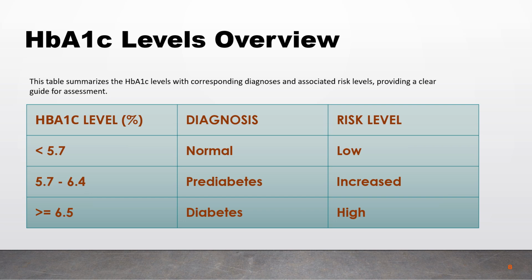Now, the HbA1c reference range which we generally follow is: less than 5.7 is considered as normal HbA1c levels. If the levels are between 5.7 to 6.4, we consider it as pre-diabetes and risk is increased in these patients.